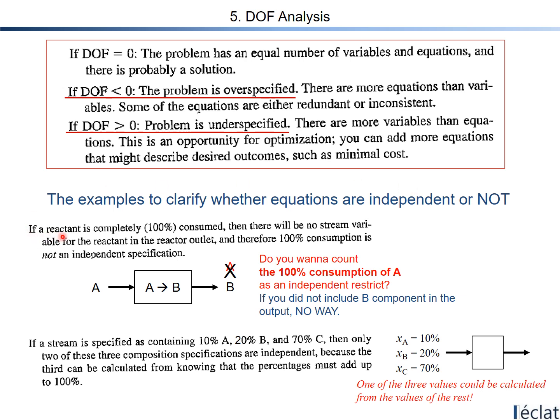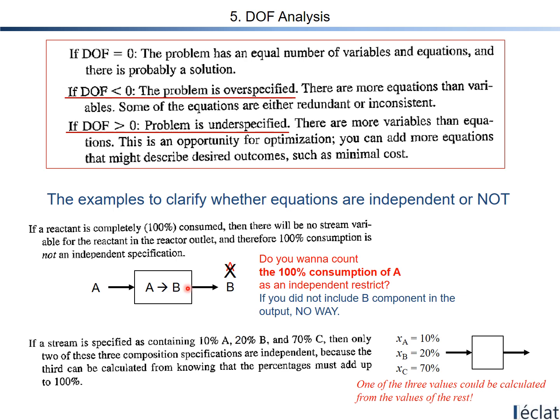If a reactant is completely consumed, A as the reactant is introduced into this system, and this is the reactor. We have one reaction like A to B, and we can assume that this A is completely converted to B.